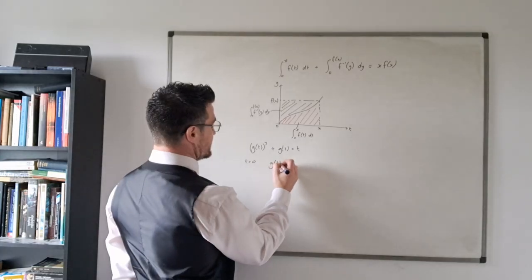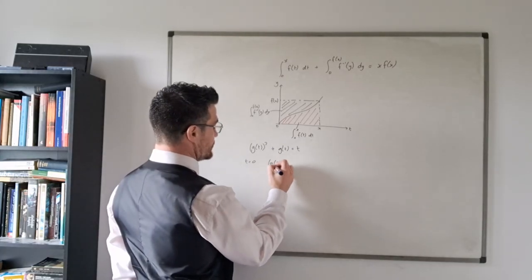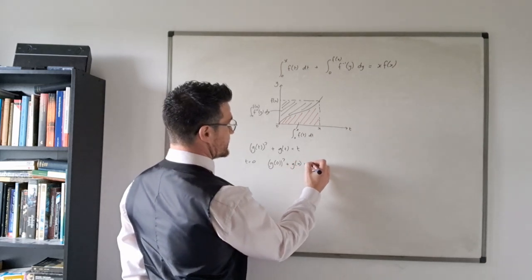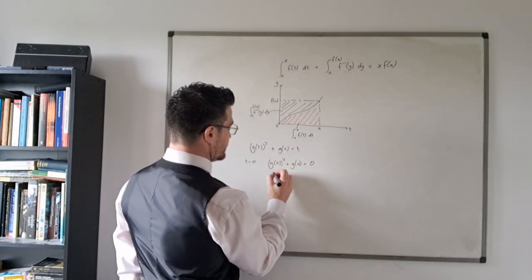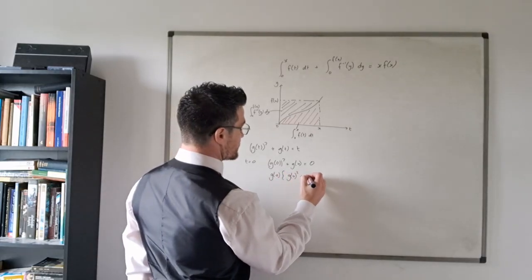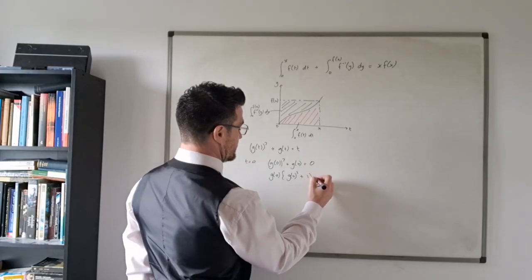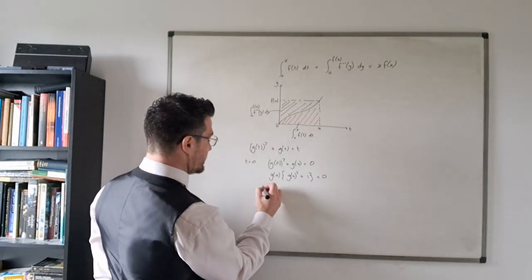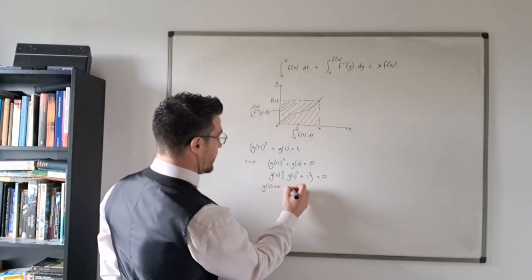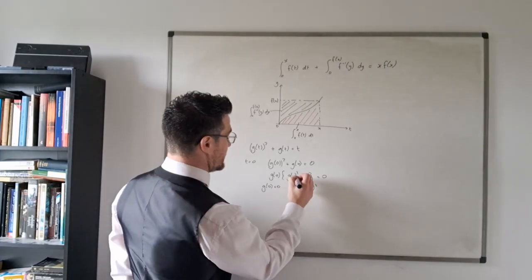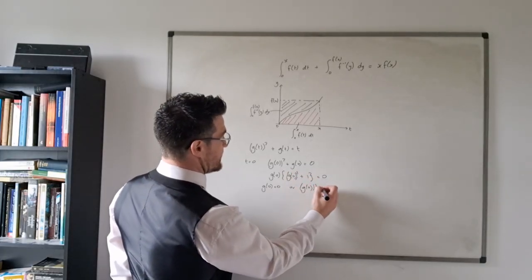So in that case, g of 0 cubed plus g of 0 must be equal to 0, and therefore g of 0 times (g of 0 squared plus 1) is equal to 0. So either g of 0 equals 0, or, importantly, (g of 0) squared plus 1 equals 0.